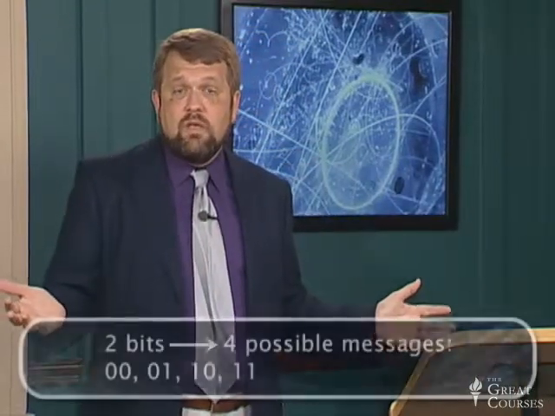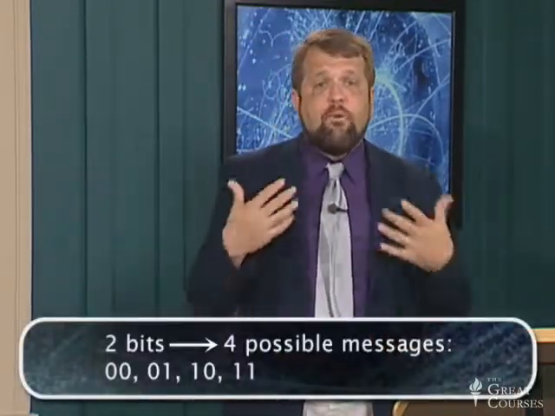But you know, Alice notices that there are more than just 2 quantum states available. In addition to the 0 and 1 basis states, the up state and the down state, there are lots of other states. So she gets the idea that maybe she could send 2 bits of information. If there are 2 bits of information, there are 4 possible messages.